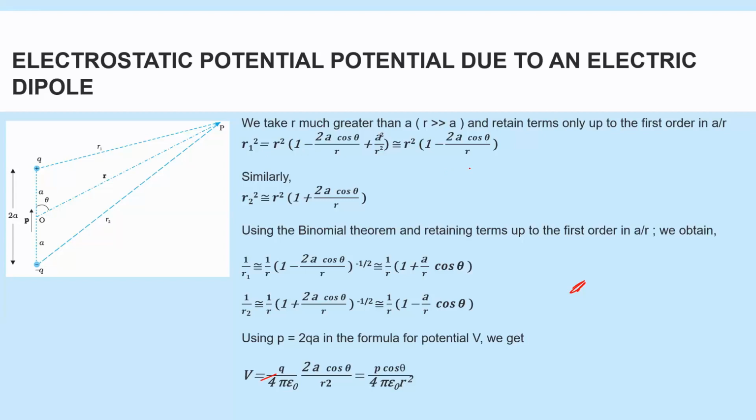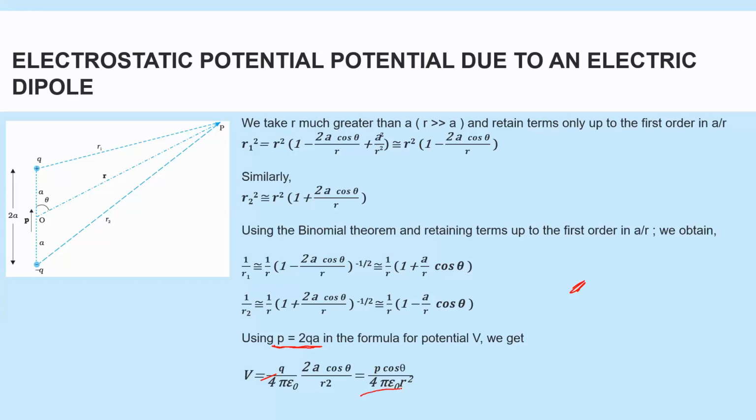So what you get is R1 square is going to be this, and later on we want to find out 1 upon R1 and 1 upon R2, so that we can substitute those in the electrostatic potential equation that we found, in terms of only R. We also substitute the magnitude of the dipole moment, P, as 2qa in the formula, and putting those values in, what we get is P cos theta upon 4 pi epsilon 0 R square.